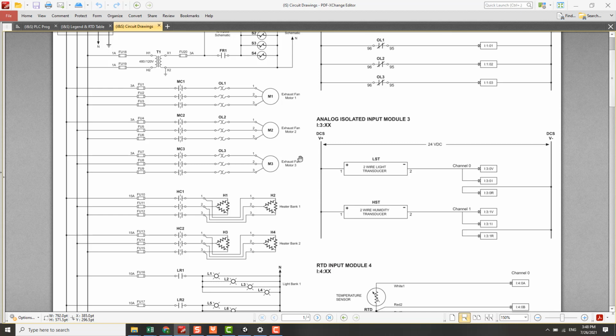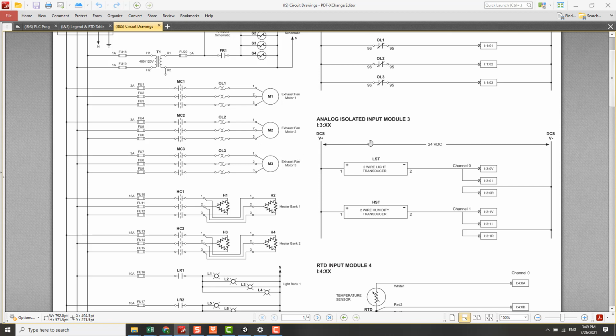But life is not always perfect. If we do not have access to the PLC logic programming, at least we must have a basic circuit schematic diagram. It's even better if we have the wiring diagram together. If we don't have that, at least we need the most basic schematic diagram.